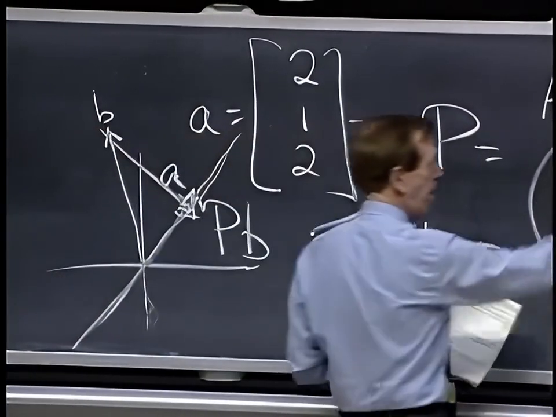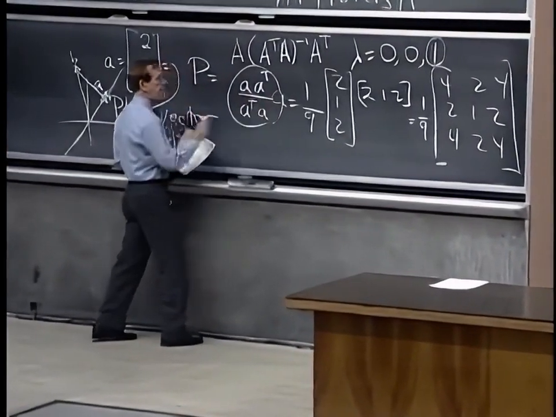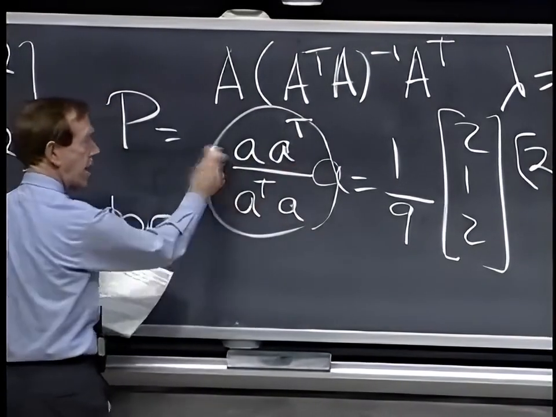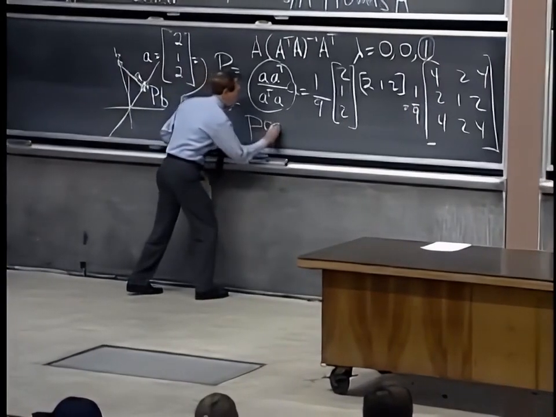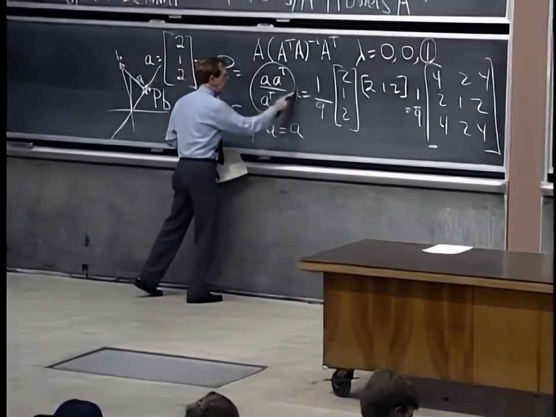If I apply that matrix to A, then I have A transpose A canceling A transpose A, and I get A again. So sure enough, PA equals A, and the eigenvalue is 1. Okay, good.